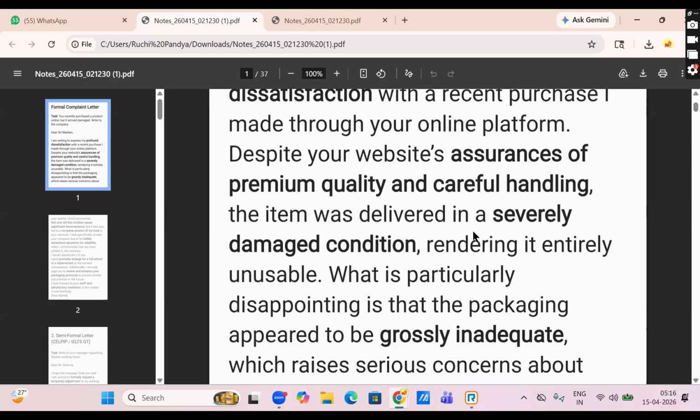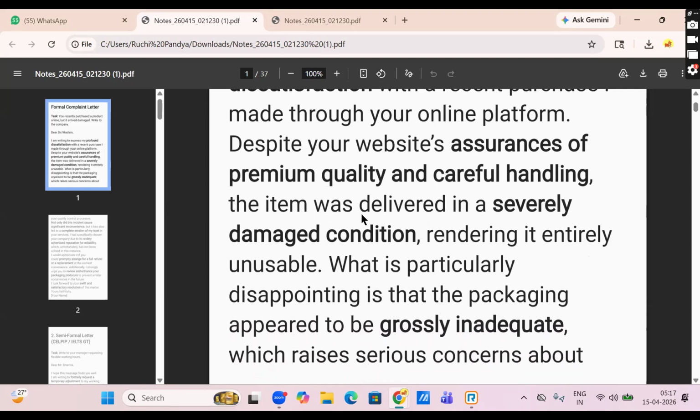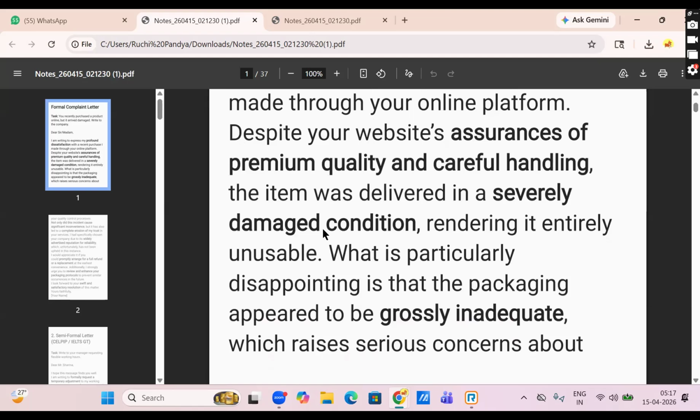Someone among you just wrote the word severely but with a spelling mistake, so look here, severe is spelled as S-E-V-E-R-E. Okay, despite your website's assurances of premium quality and careful handling, the item was delivered in a severely damaged condition, rendering it entirely unusable.